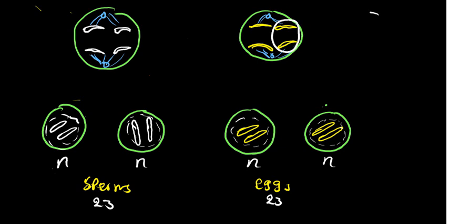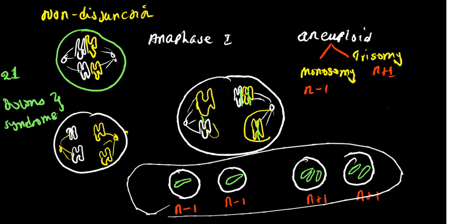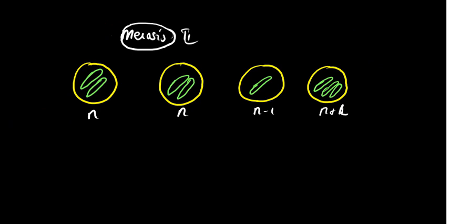So we are going to have this cell with this chromosome which separated, then you have this one which did not separate. Then this side, we only have that single chromosome. This is what is now going to give us this scenario which we have here.